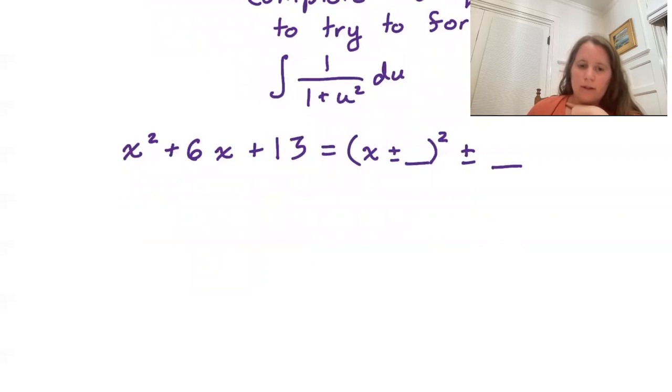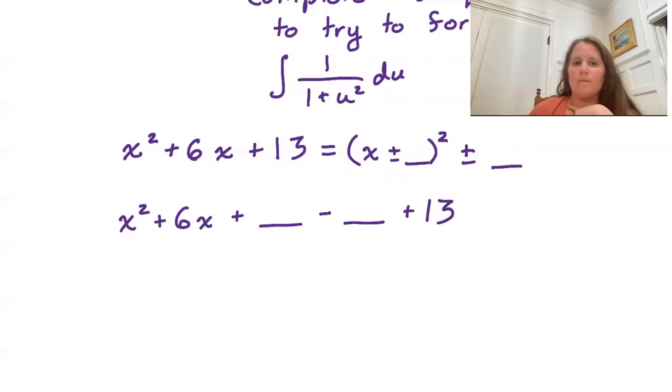So in order to do this, let's just write this as x squared plus 6x, and then we'll have a plus blank. And then if we add something, we also have to subtract it, and then we'll still have our plus 13. So we want to keep the same polynomial essentially, just writing it in an alternative form.